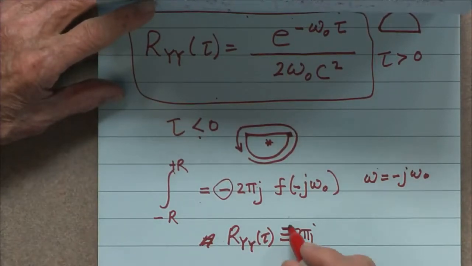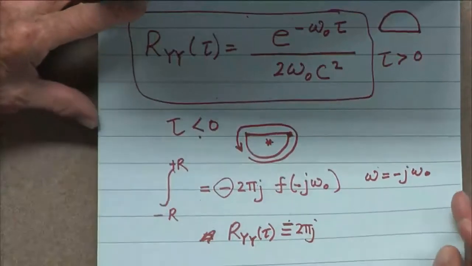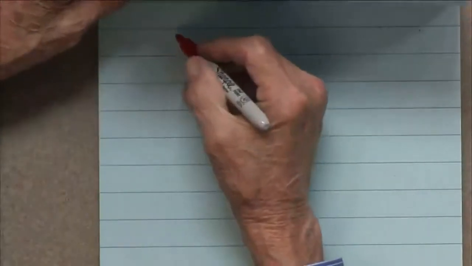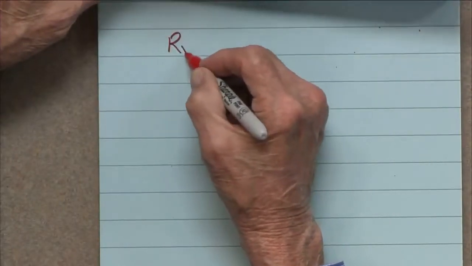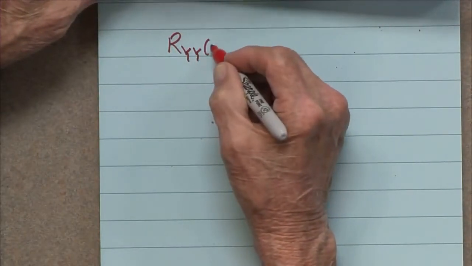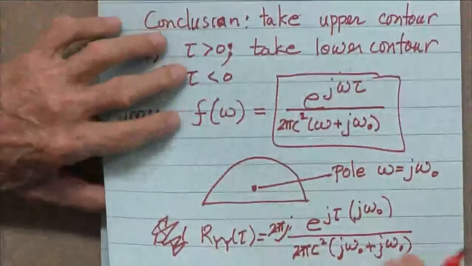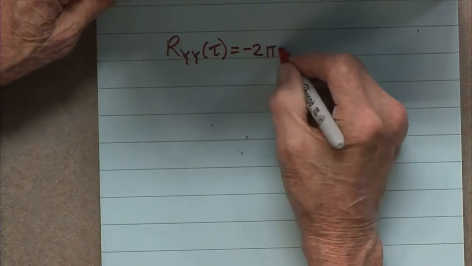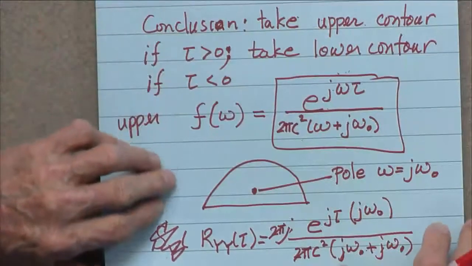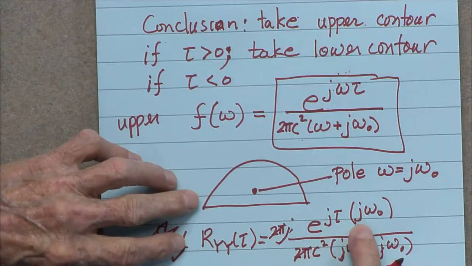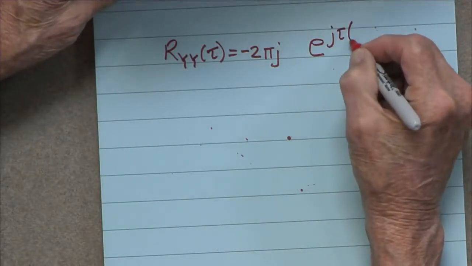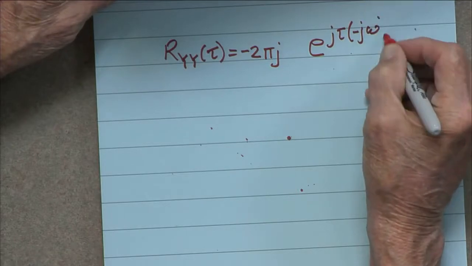R_YY of tau is minus 2 pi j, and we have to put minus j omega 0. That would be e to the j tau minus j omega 0.